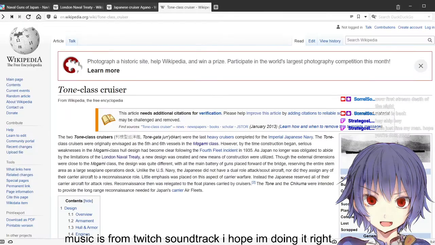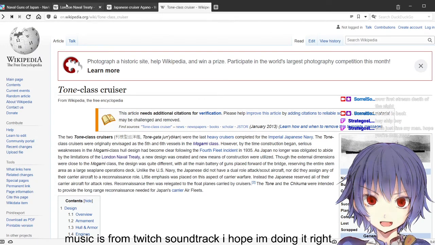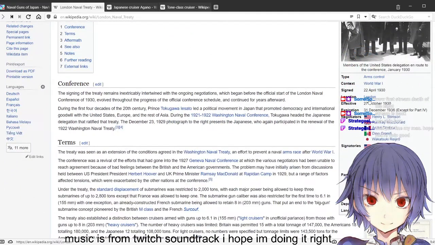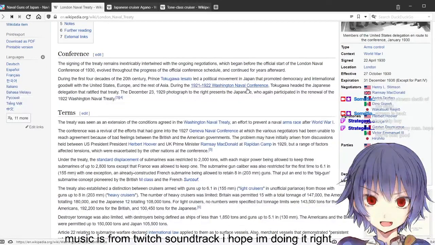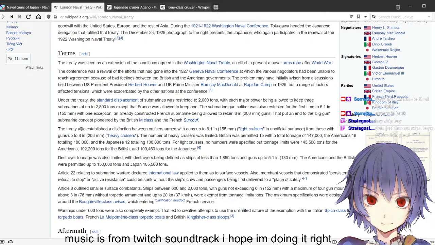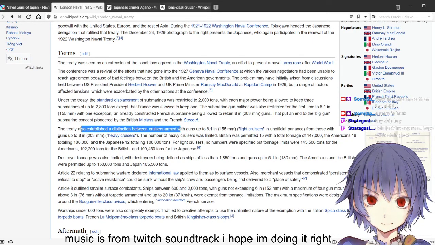Let me hide SpringSharp so I can show you the page on this treaty. All right, here we go. So I have some Japanese cruisers pulled up. This is the first London Naval Treaty specifically, which lasted from 1930 to 36, except for one part of it that's not important here. For the relevant portion of the treaty to designing a cruiser, where's the tonnage limit?